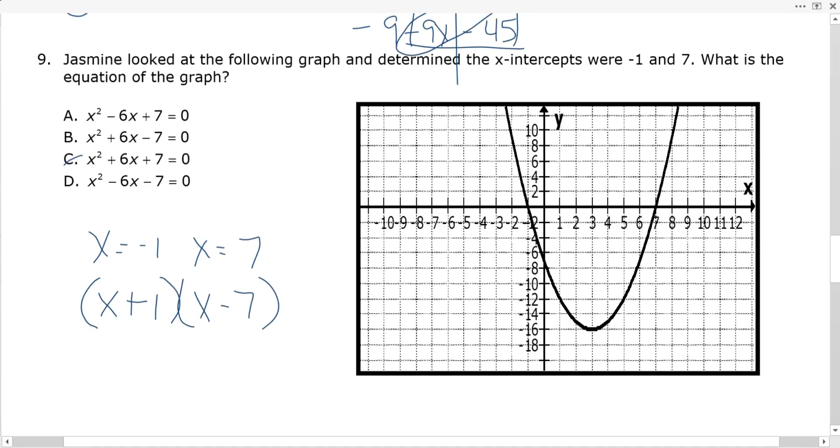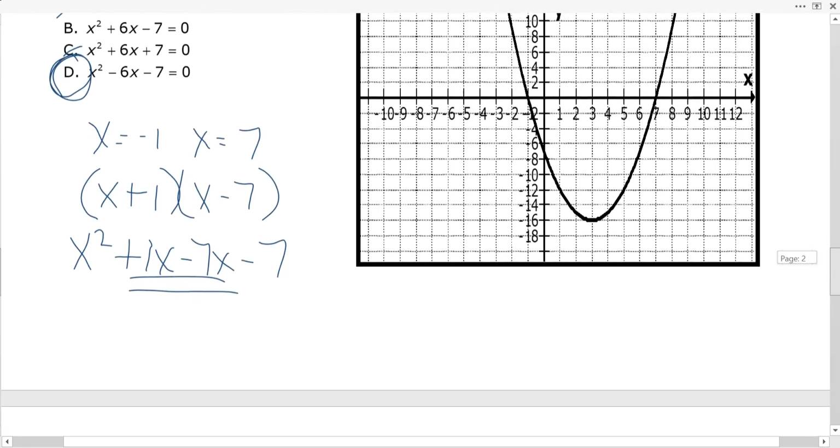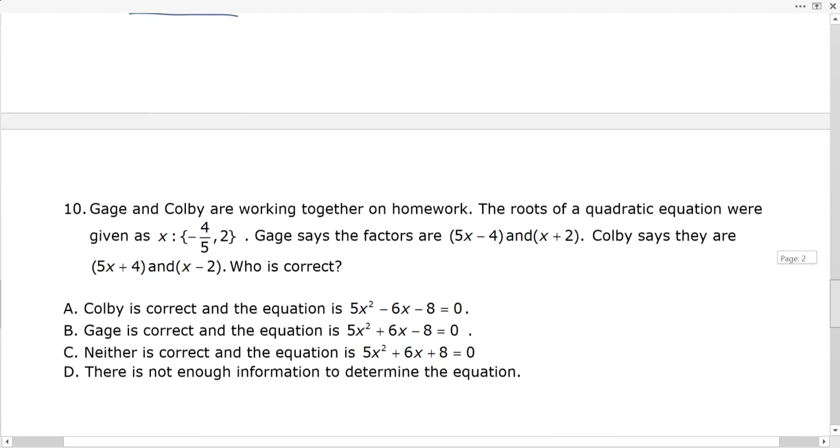So I have minus 7 for my last one. I have x squared plus 1x minus 7x minus 7. Combine those together and I have minus 6x. So D is my answer. That didn't take long at all. Probably would have taken me longer on the calculator. That's the way that goes.